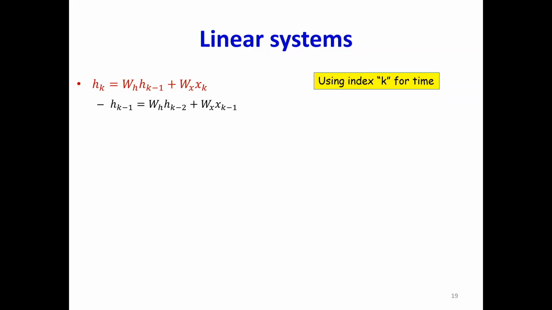So if I plug this in, what's it going to look like? HT equals WH cubed HT minus 3, plus WH squared WX XT minus 2, plus WH WX XT minus 1, plus WX XT.